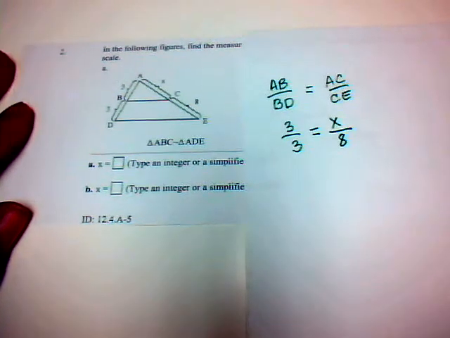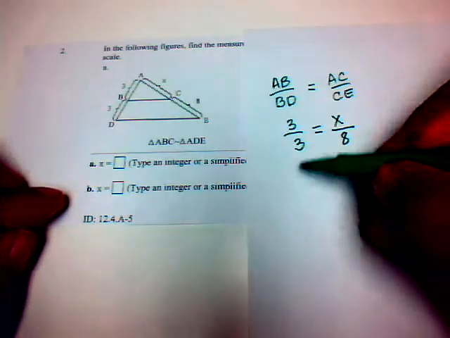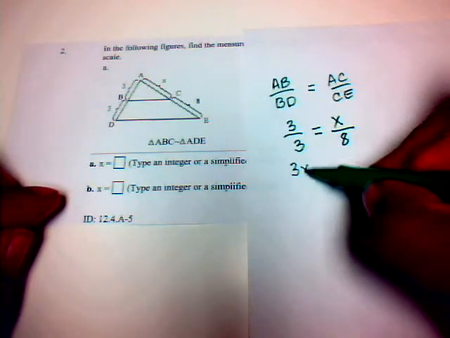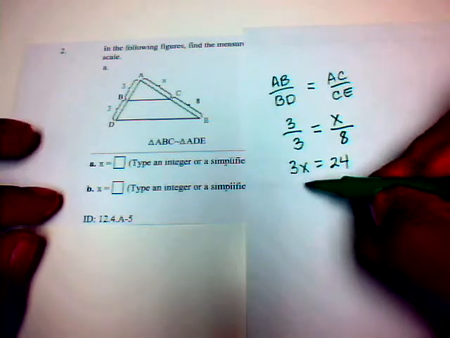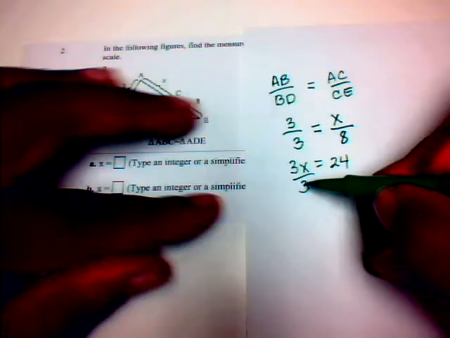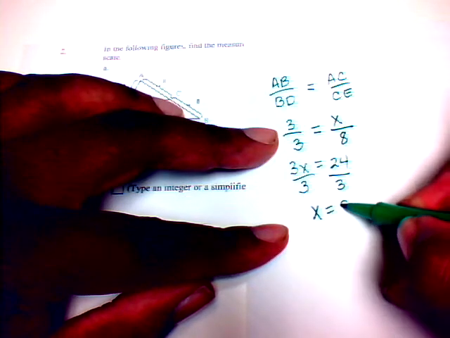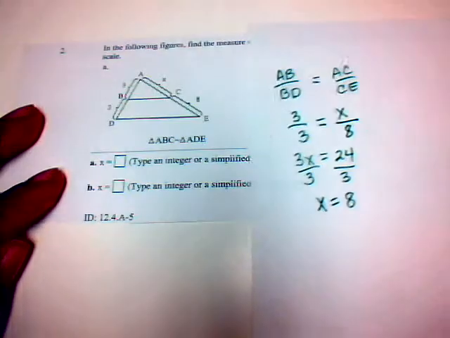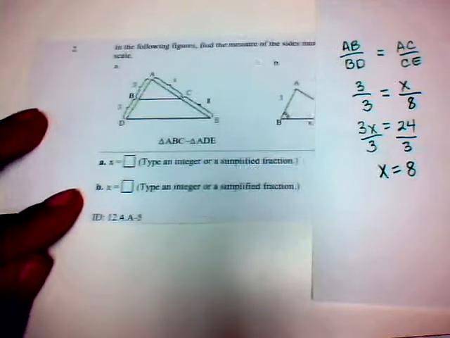Here we're trying to find out what X is. If you cross multiply, 3 times X gives 3X equals 3 times 8, that's 24. So 3X is equal to 24, and dividing by 3, X is equal to 8. So for part A, X is equal to 8.